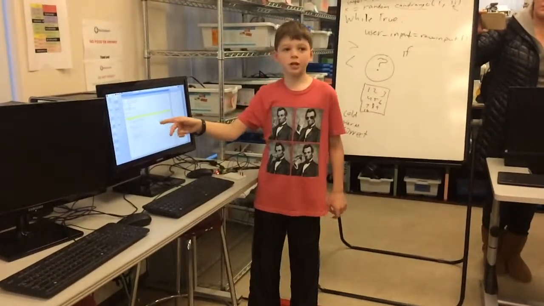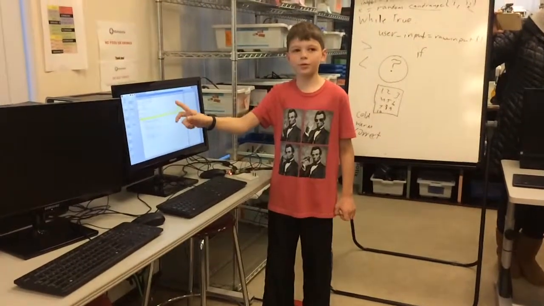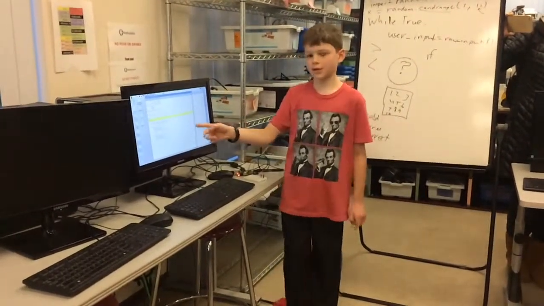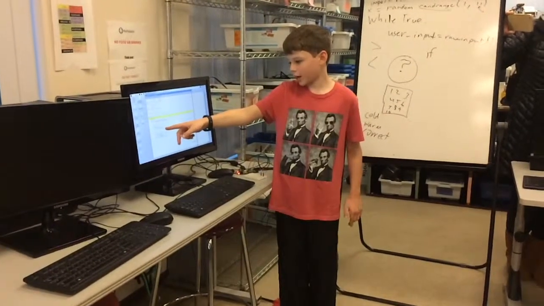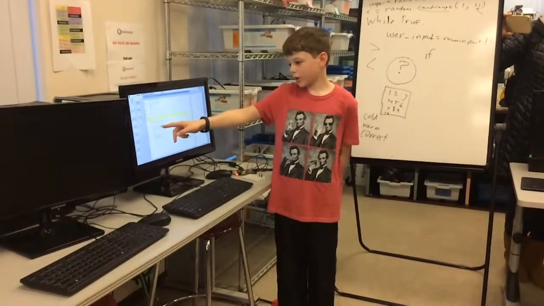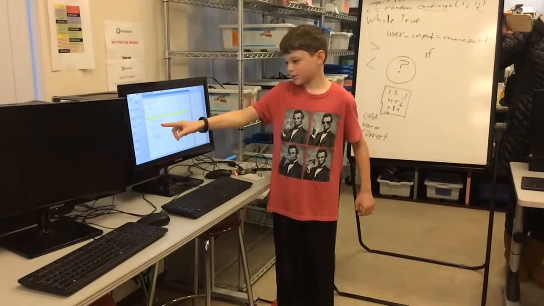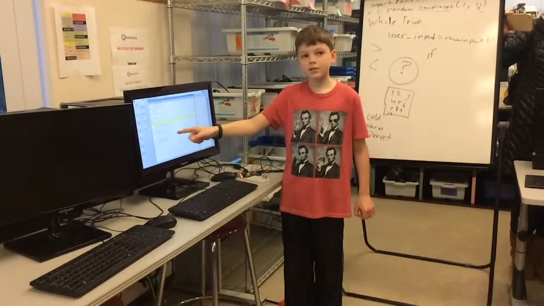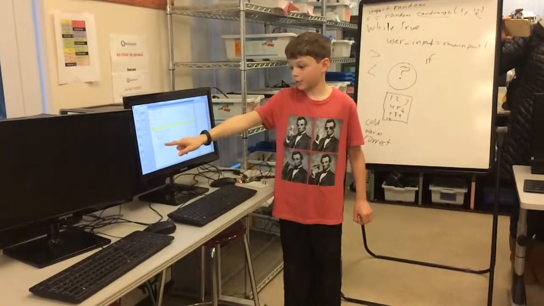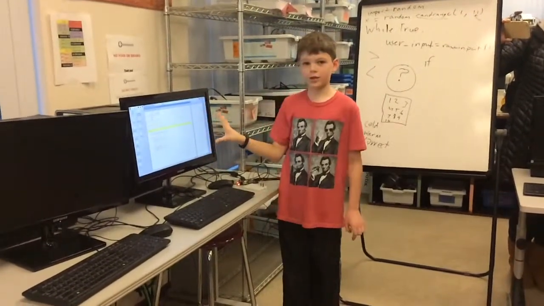I typed in 217 because it counts from 0. So if that happens, then GPIO.output false, and then it breaks the code, which means everything stops.